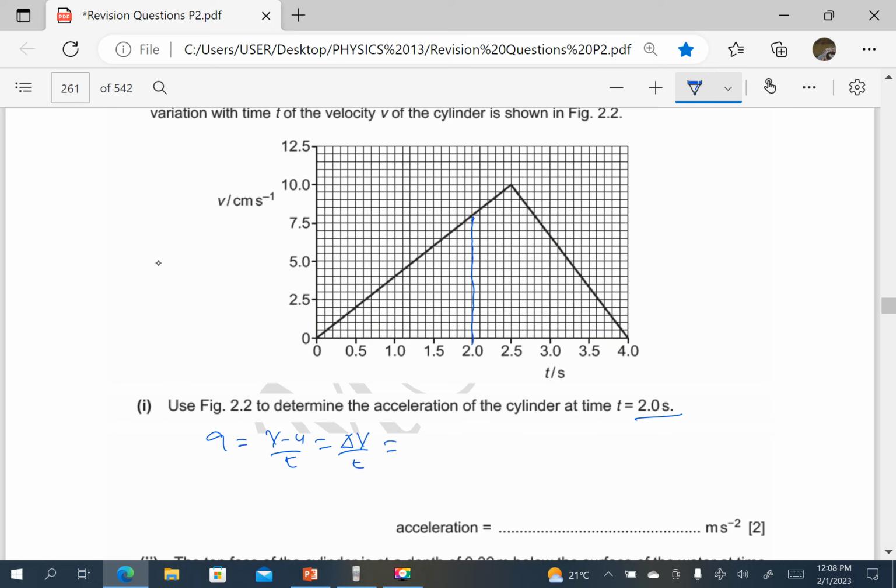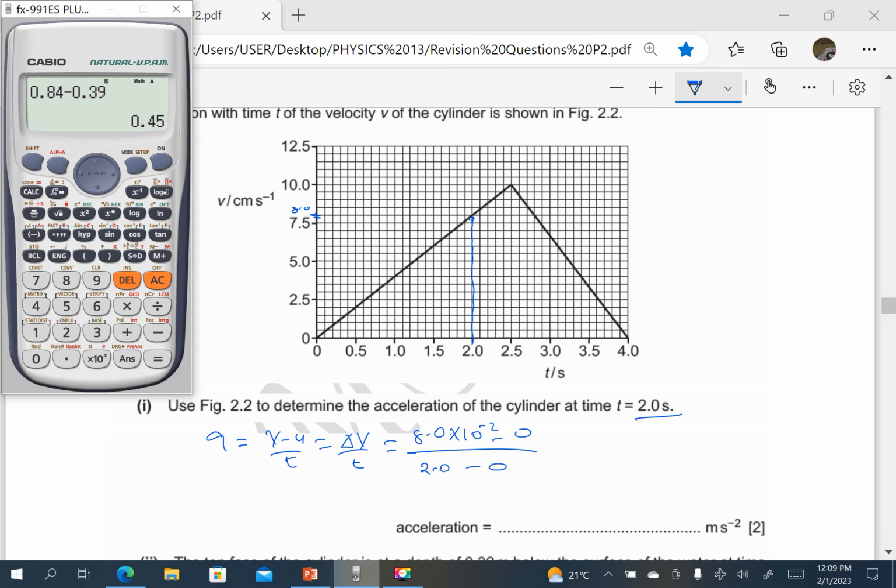So I can just take a 2. I think that is 8.0. So I'll say 8.0 times 10 power negative 2 minus 0, of course, divided by 2.0 minus 0. I'm just finding the gradient.